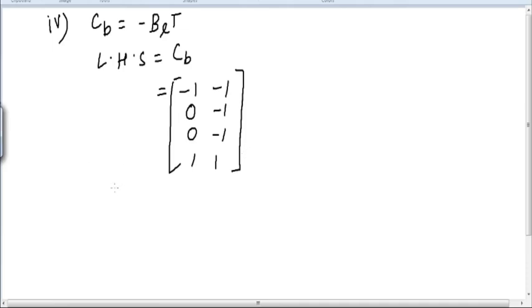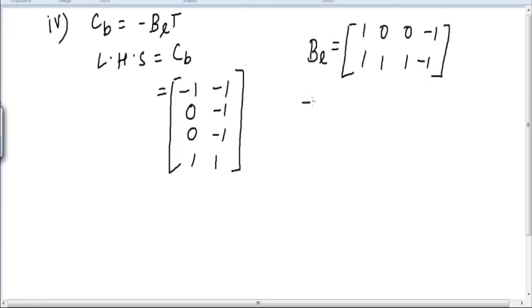Now RHS we have minus BL transpose. So first let us write BL. What is BL? BL is 1 0 0 minus 1 and 1 1 1 minus 1.